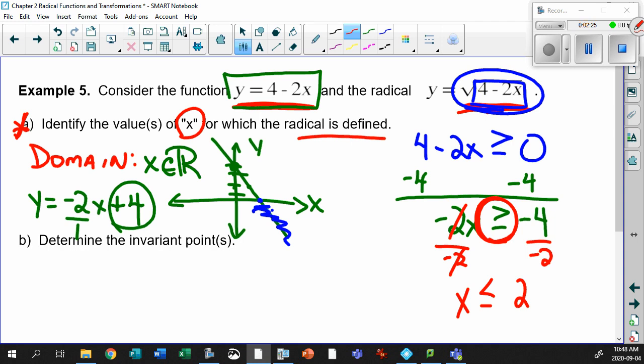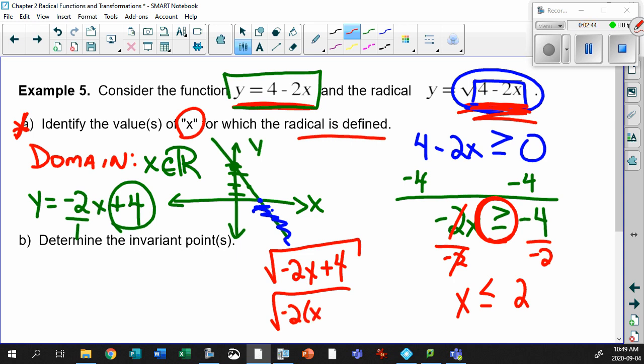Because if you think about this now, look at this guy in terms of a transformation. Look at this. This is the square root of minus 2x plus 4, which is just this rewritten. You have to factor out that negative 2 here to give you, of course, an x minus 2. And look what this means.